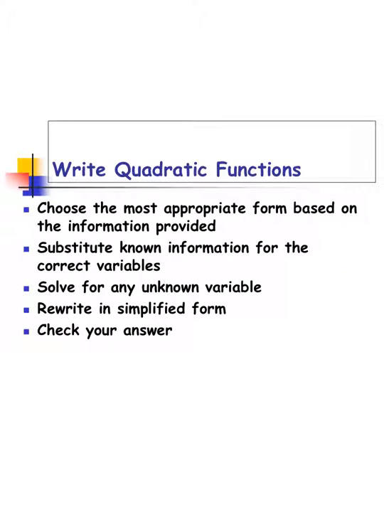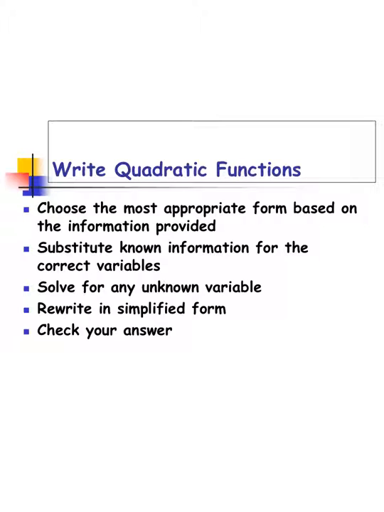First, I want you to write down some steps that will help you out. For the first step, you want to choose the most appropriate form based on the information that you're provided. This is where you analyze what you're given and then start with the quadratic form that would make the most sense.